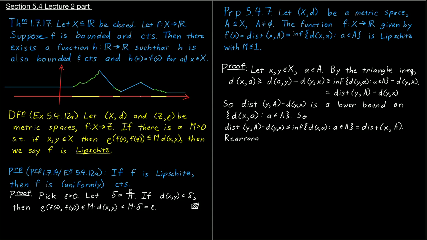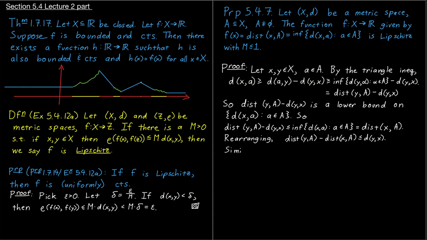Remember, you can always add things to both sides of an inequality and it will still be true. We have that the distance from y to A minus the distance from x to A is less than or equal to the distance from y to x.